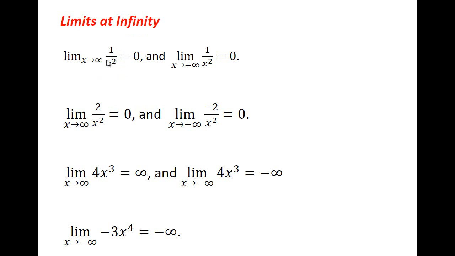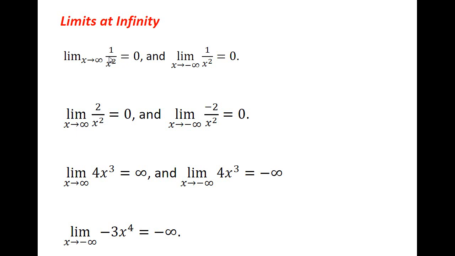In other words, I can make the value of this fraction as close to 0 as I like simply by choosing x large enough. So for example, if I want this fraction to be less than, let's say, 0.0001, all I have to do is pick x, say something like x to the 10 to the power 2.